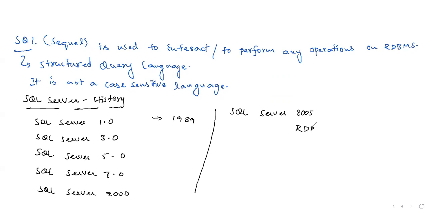From SQL Server 2005 only we have RDBMS, and later we have SQL Server 2008, later 2012, 2014, 2016, and now the latest version is 2019. So we'll be getting 2021 also.